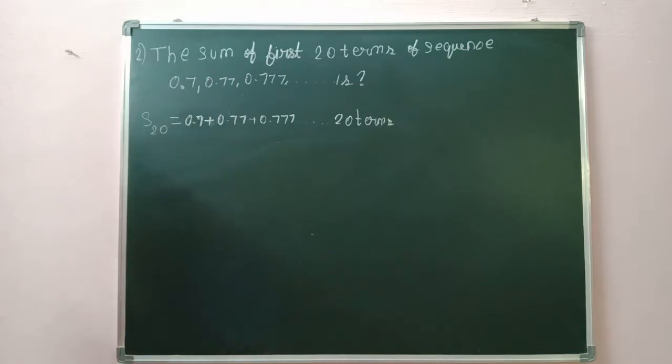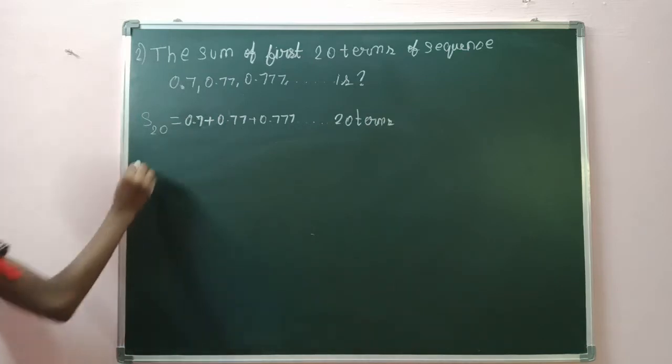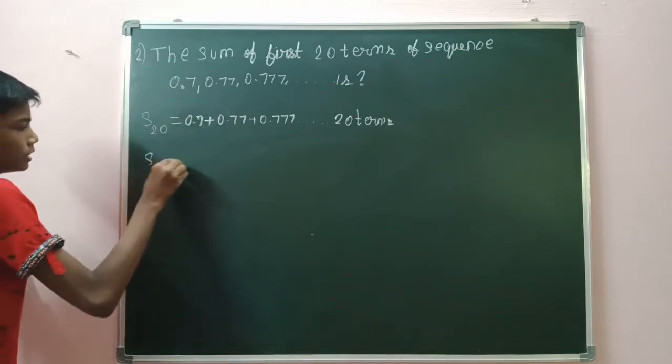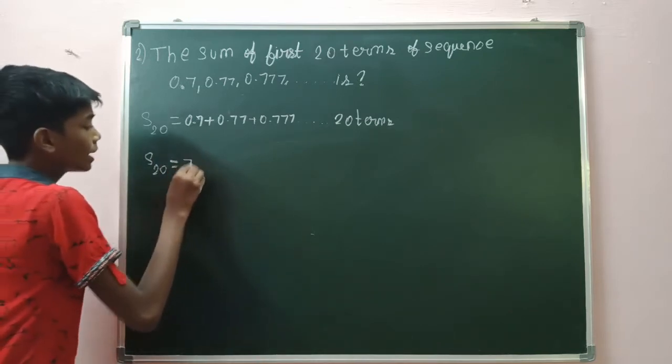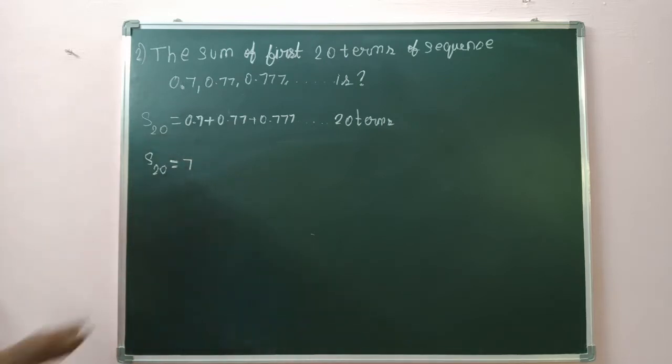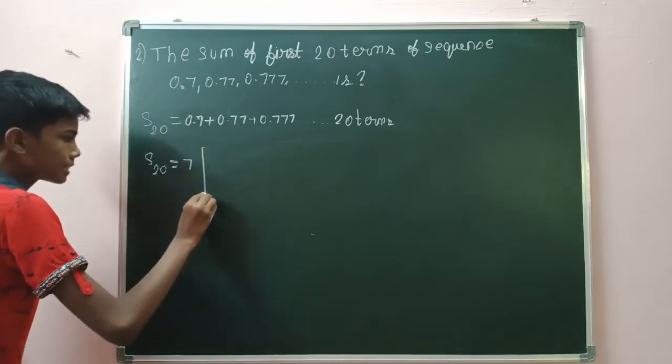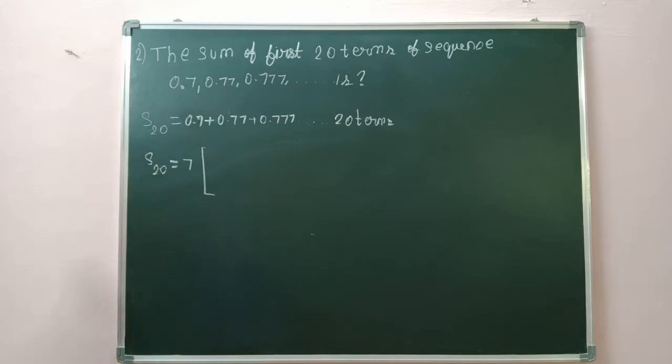Now this is the methodology, please listen very carefully. In this series I am going to take 7 common. When I take 7 common, the same series can be written as 0.1 plus 0.11 plus 0.111, like that it will be going on.